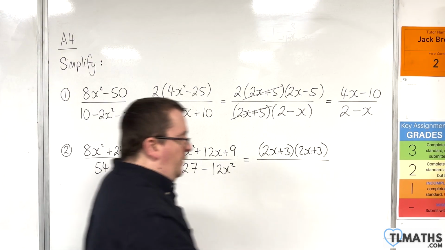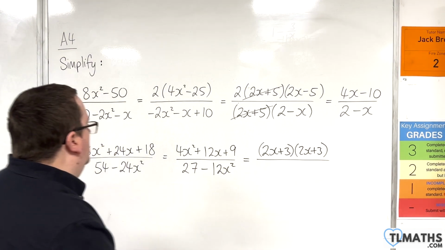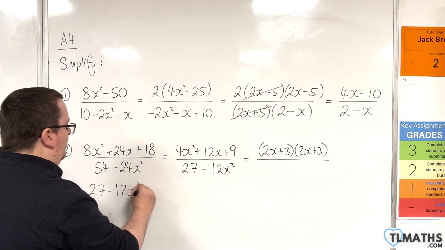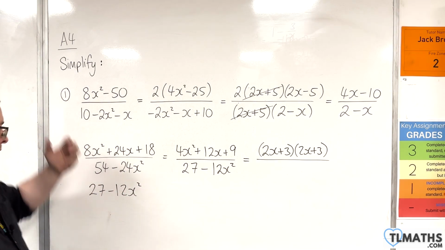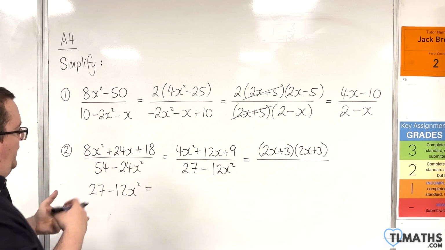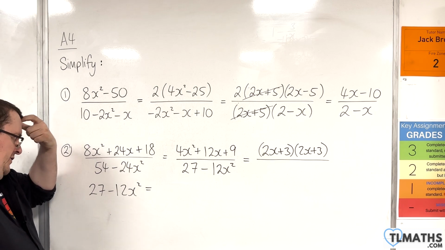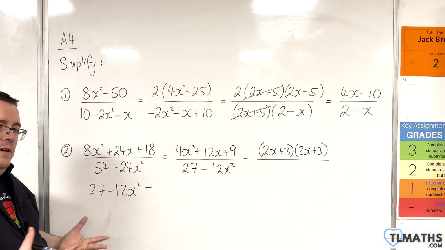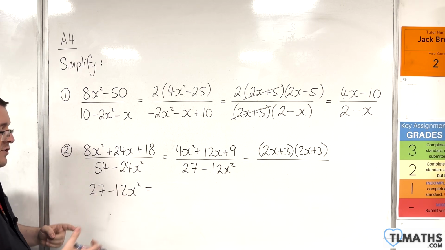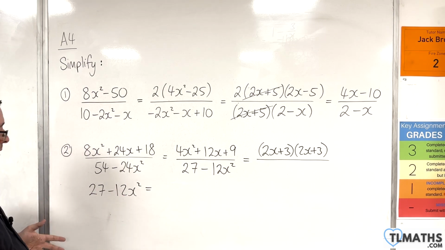Now let's focus on the denominator. 27 take away 12x squared. Now it's kind of looking like difference of two squares, but not quite yet, because the 27 and 12 aren't square numbers. So what if I divided through, or factored out, 3. 27 and 12 both have a common factor of 3.